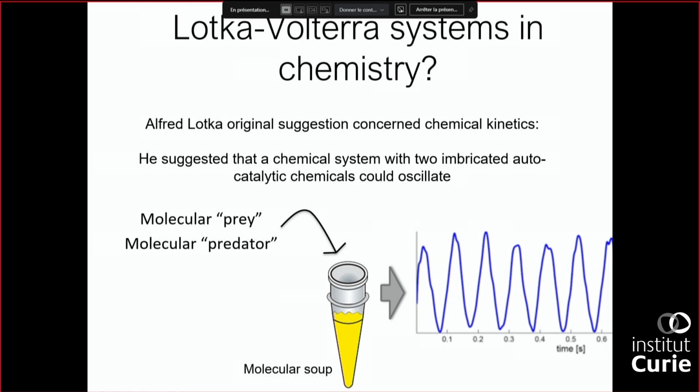But it happened that such a system was never discovered over something like 100 years. So we will come back later to the first implementation of a molecular predator-prey oscillator.